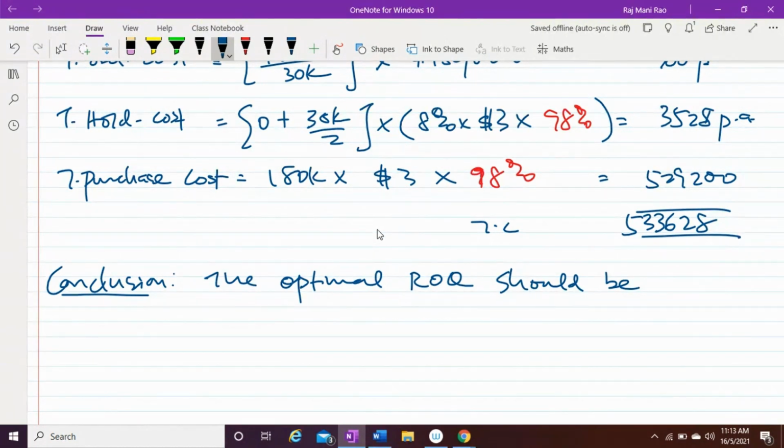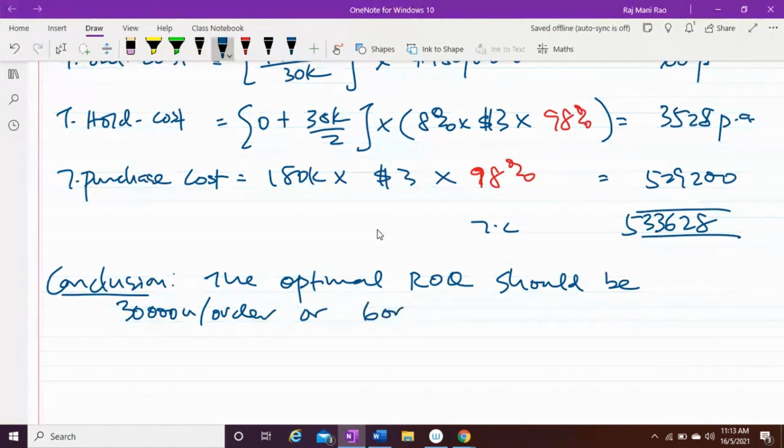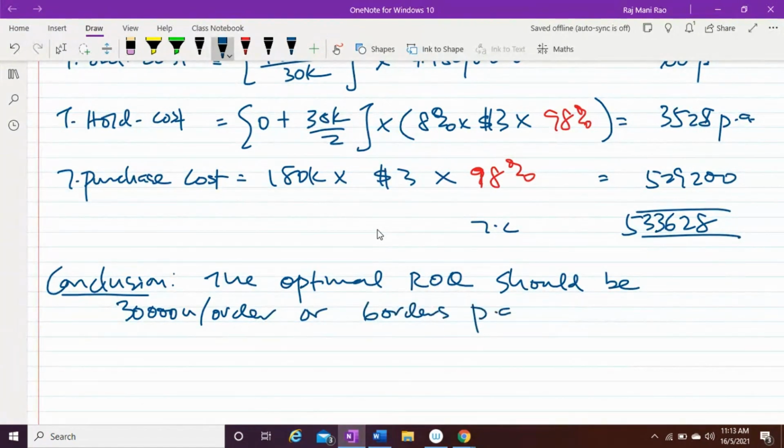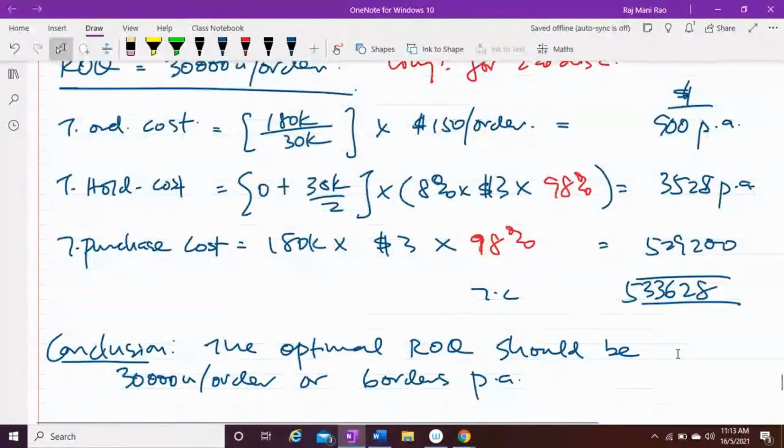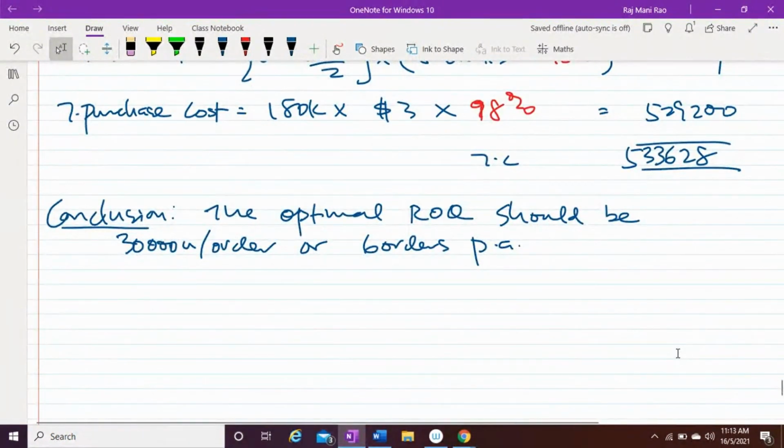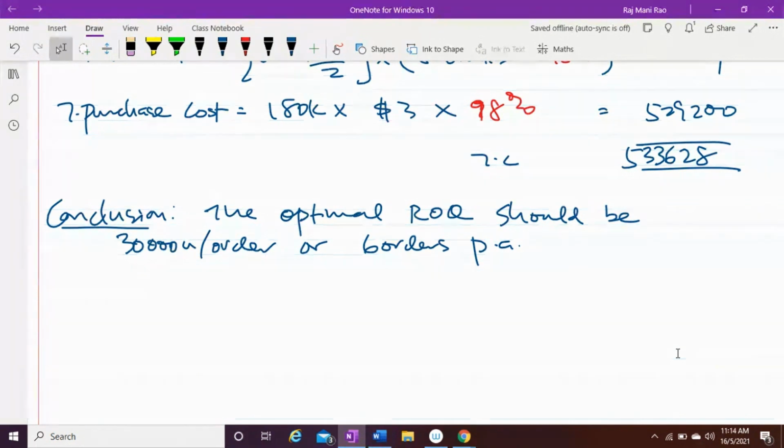Do you want to order 15,000 or 30,000? Should be 30,000 units per order or 6 orders per annum because your total cost is 533,628. Earlier one was how much? 540,600. This is cheaper, lower cost. So the optimal reorder quantity should be 30,000 units or 6 orders per annum.